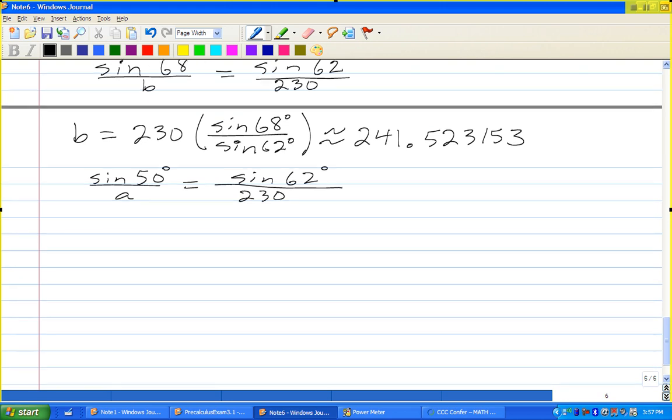Okay, so that says that A is equal to 230 times the sine of 50 over the sine of 62.